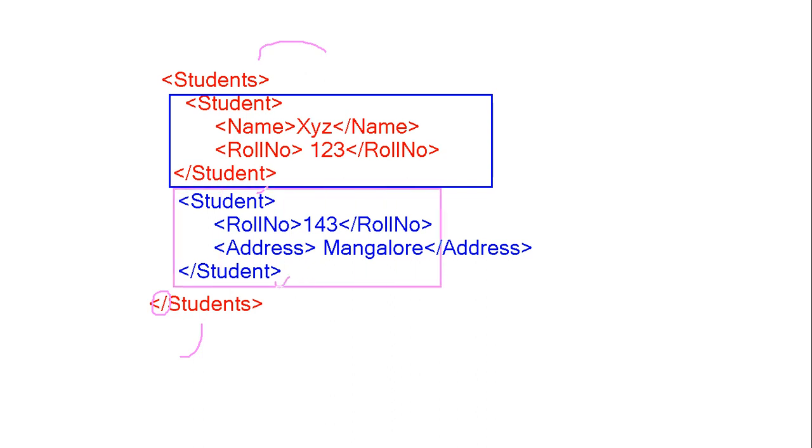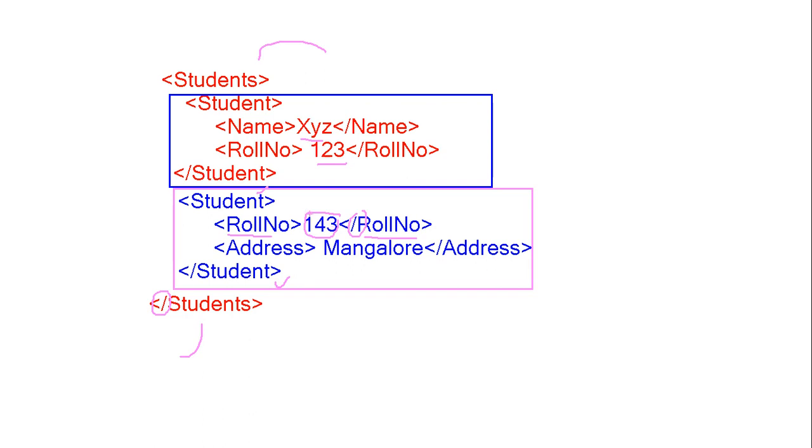One thing like this represents a node. What is written in between the opening and closing are the values. So the name of the student is XYZ, roll number is 123.